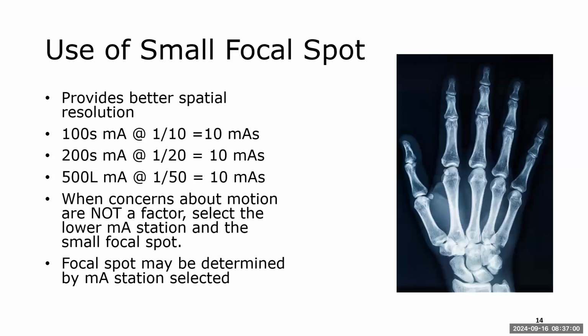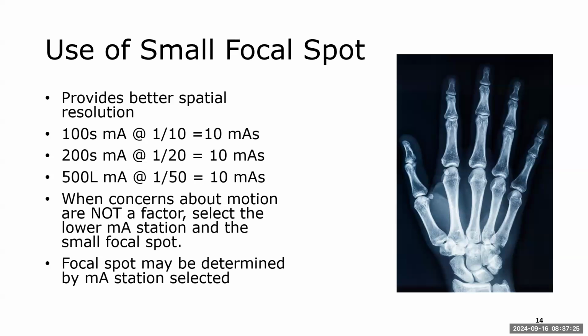One of the other times that you might adjust your mA time combination, and with our equipment, because we don't have the ability to physically set an mA station, this really doesn't apply. But with our old equipment, the focal spot was connected to the mA station that you set.